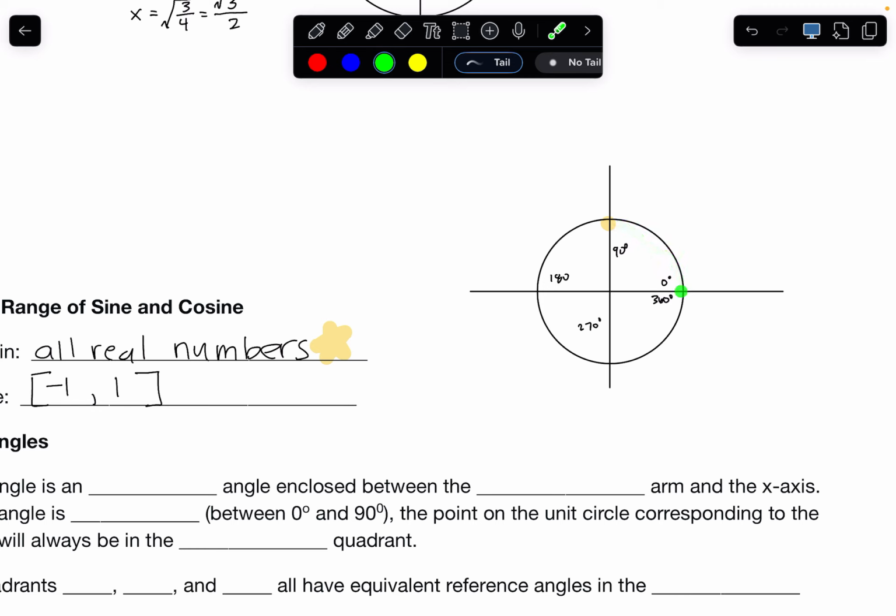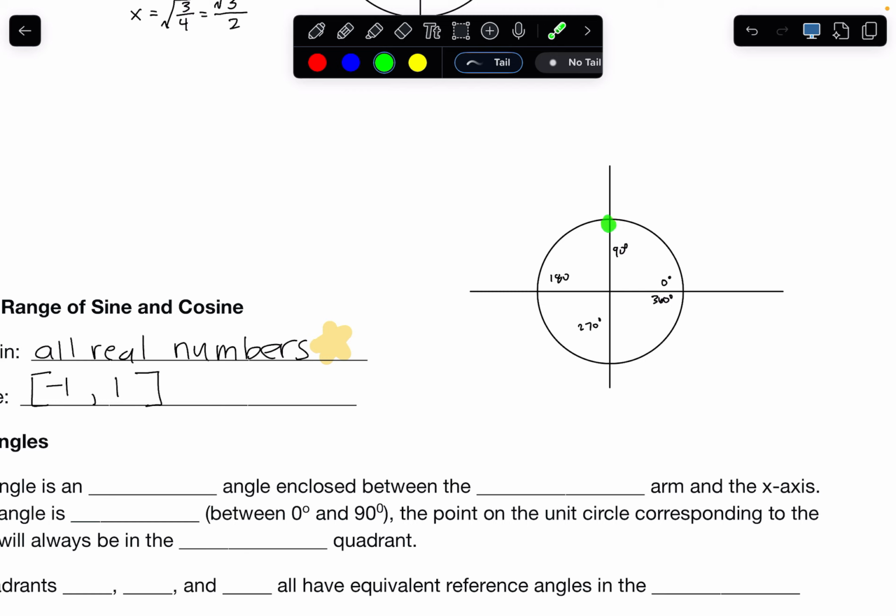I can loop from 0 all the way around once, plus a 90, which would give me 450. I could start at 0 and loop around twice before I get to 90. All of those coordinate points are the same.